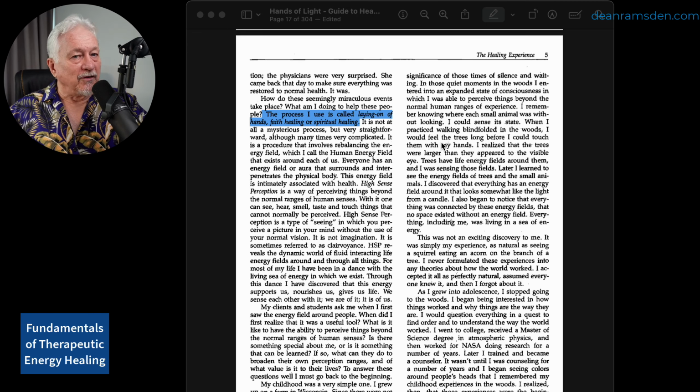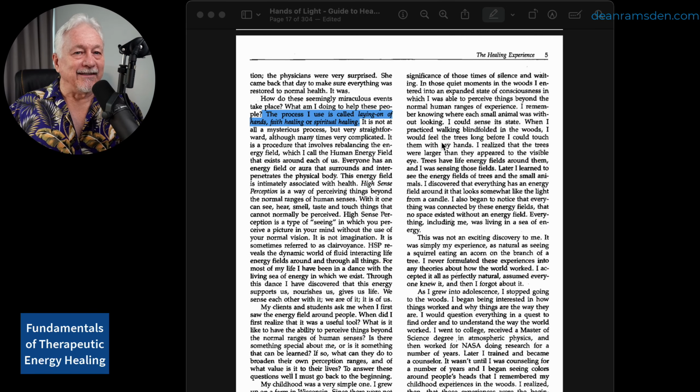Energy work was being welcomed. Other forms of complementary healing were being welcomed into society. And this book, I think, represents a major milestone in that attempt to make it more mainstream, make energy work less mysterious. And as Barbara writes here, it's very straightforward.